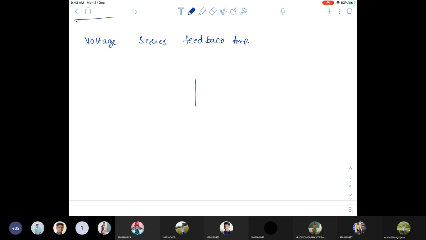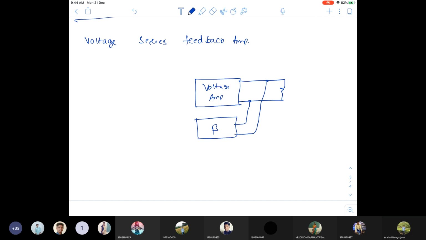In the voltage series feedback amplifier, the basic amplifier is a voltage amplifier. Output is voltage, so it is a shunt connection at the output. This is the feedback network beta, shunt connection. Input is series connection. So like this we have to draw it: Vs, voltage amplifier, Vi, V0, Vf.